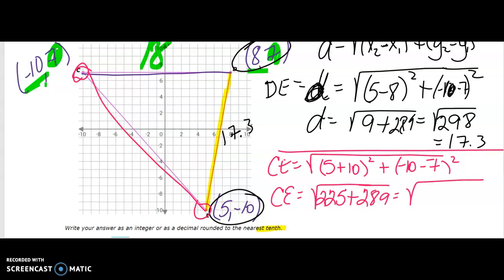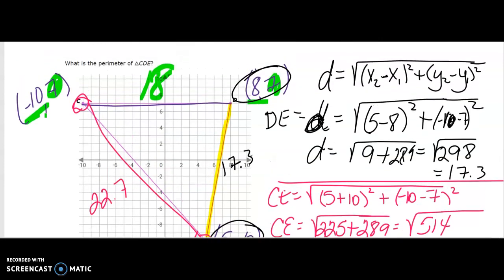And so if we add those up, 514. And the square root of 514 is 22.7. Now, what are we doing?